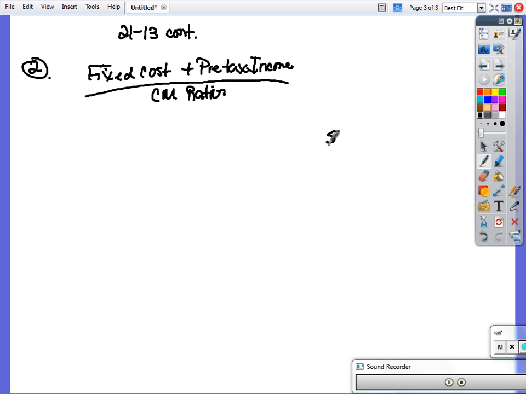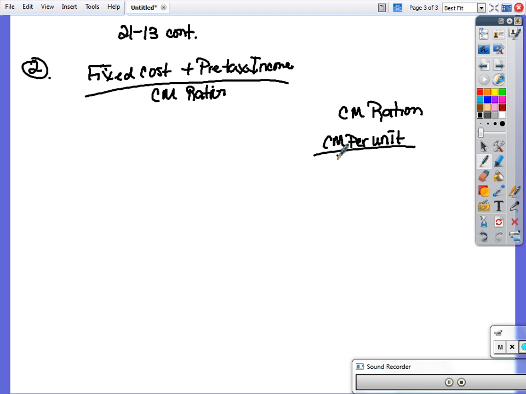Contribution margin per unit divided by sales per unit. So I just heard two different things. Contribution margin per unit divided by sales price per unit.